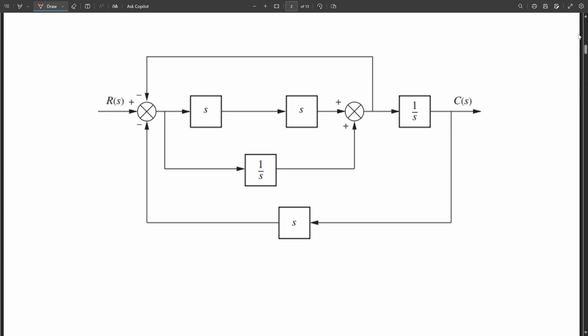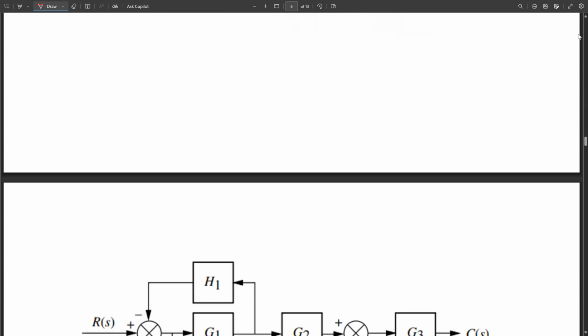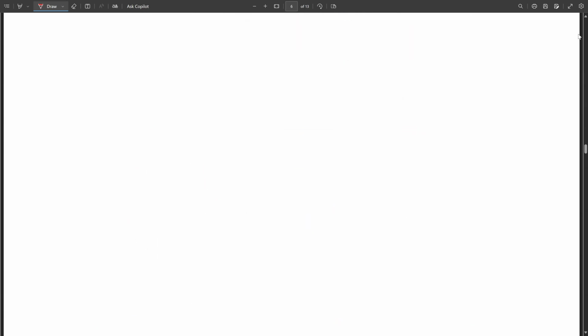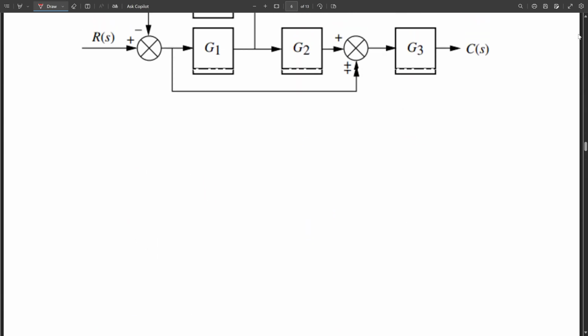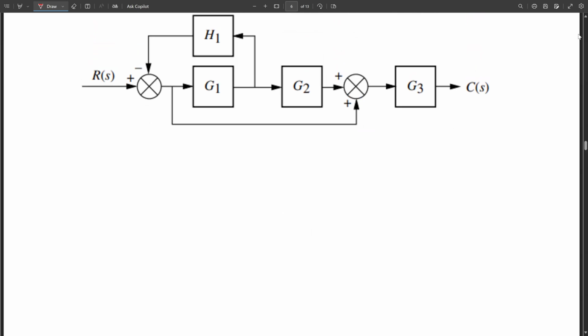So let's skip this one and come to this side. This is the question now. In the previous video, we already drew the signal flow graph for this block diagram, so I'm just going to scribble it very quickly.